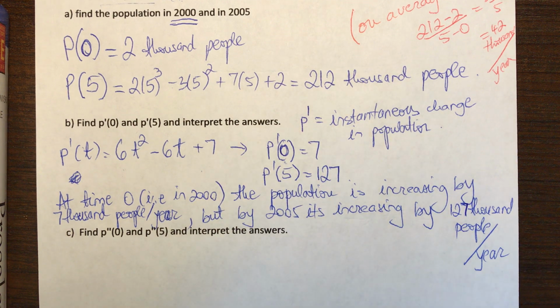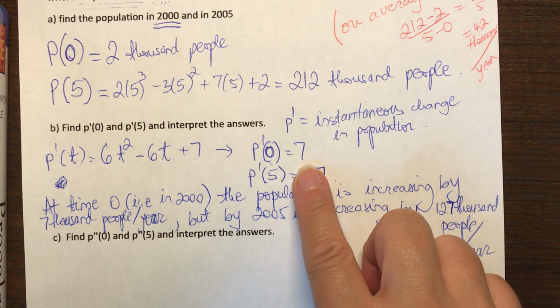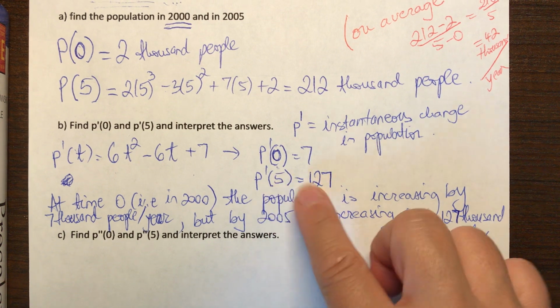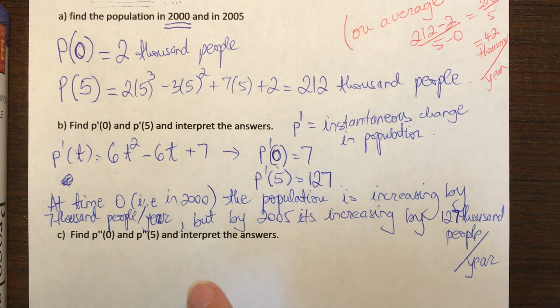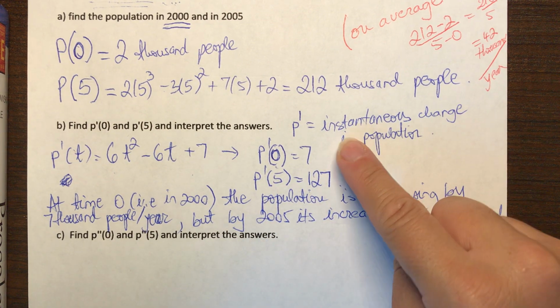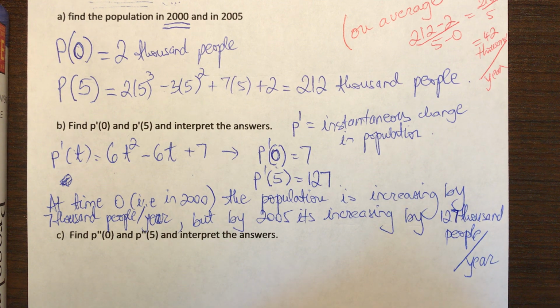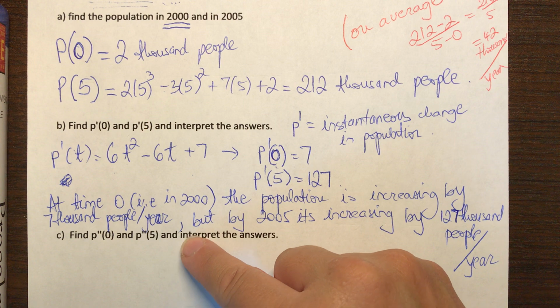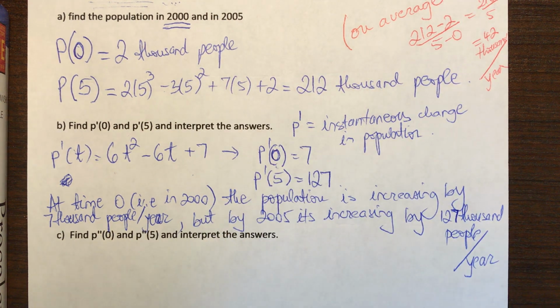Yes, on average, about 42,000 people per year, but it's not every year 42,000 people, right? It doesn't grow at a constant rate. It was going slow, slow, slow, and then it started increasing way faster, right? All right, so on average, let me just do this on the back.